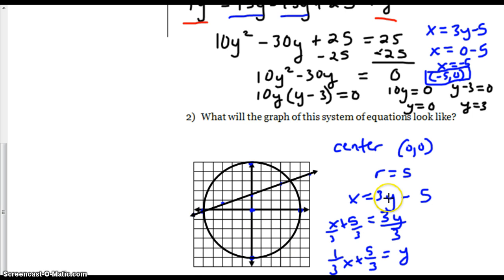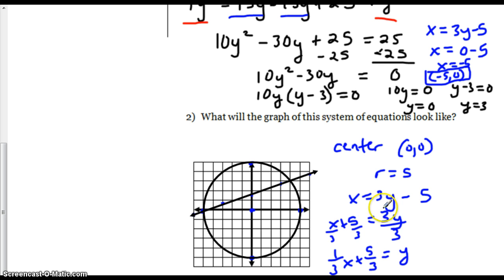Okay, when you graph the line, you first had to place it in slope-intercept form, unless you were using another method that you might have learned in Algebra 1. This equation was set up as x equals 3y minus 5, so I went ahead and solved for y. First I added 5 to both sides, so then I had x plus 5 equal to 3y.